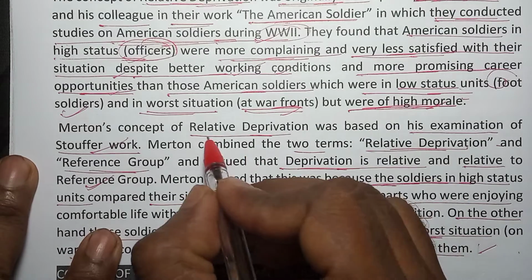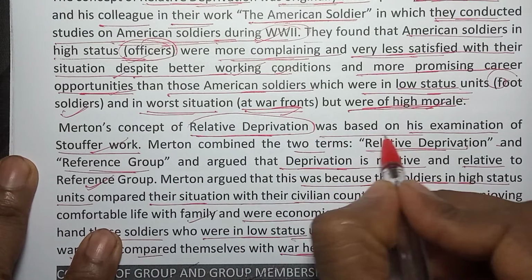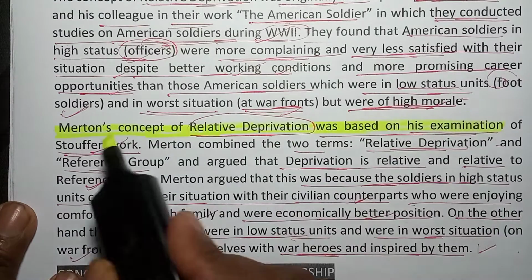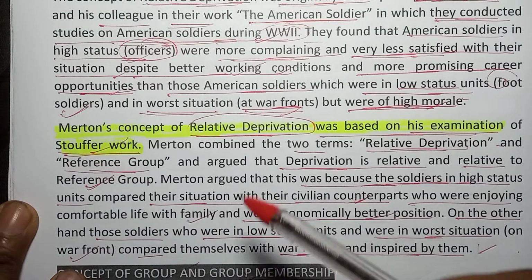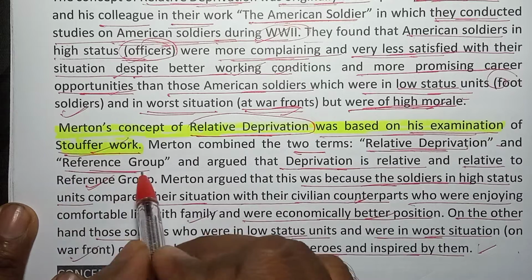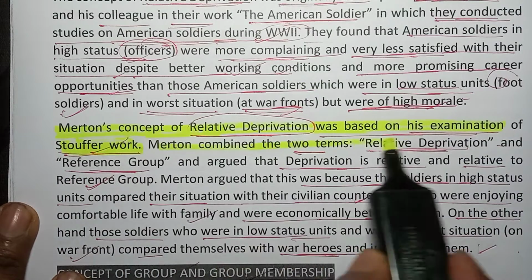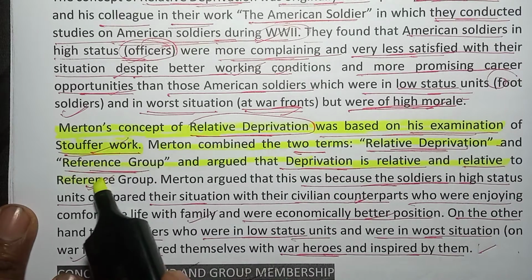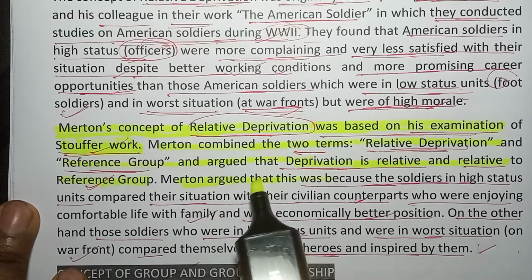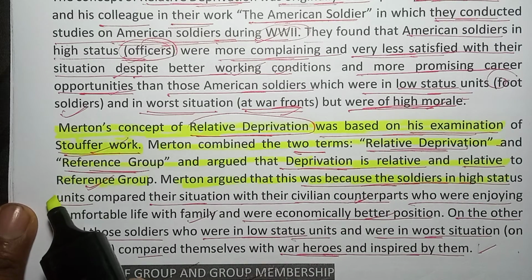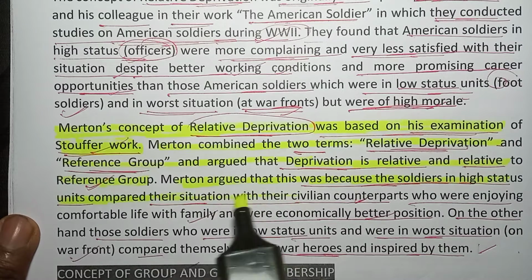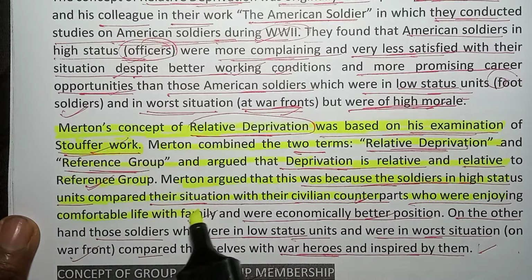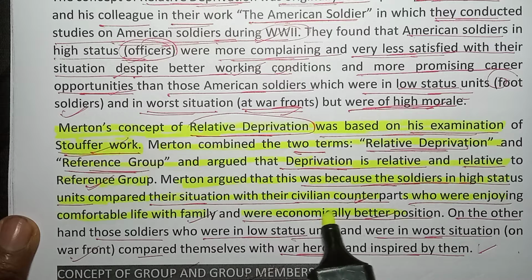Merton's concept of relative deprivation was based on his examination of Stouffer's work. Merton combined the two terms, relative deprivation and reference group, and argued that deprivation is relative, and relative to the reference group. Merton argued that this was because the soldiers in higher status compared their situation with their civilian counterparts who were enjoying a comfortable life with family and were in an economically better position.